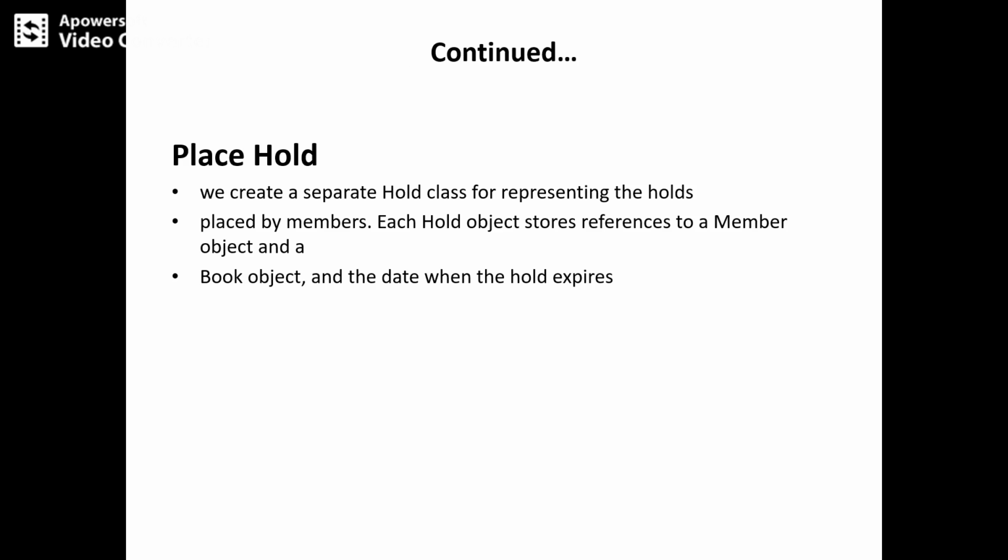Now continuing with place hold. This is to place a hold on a particular book in which the customer is interested in the library. So they can place a hold on a particular book. Whenever there is a hold, no one can return or issue that book, because it has been held by one person.